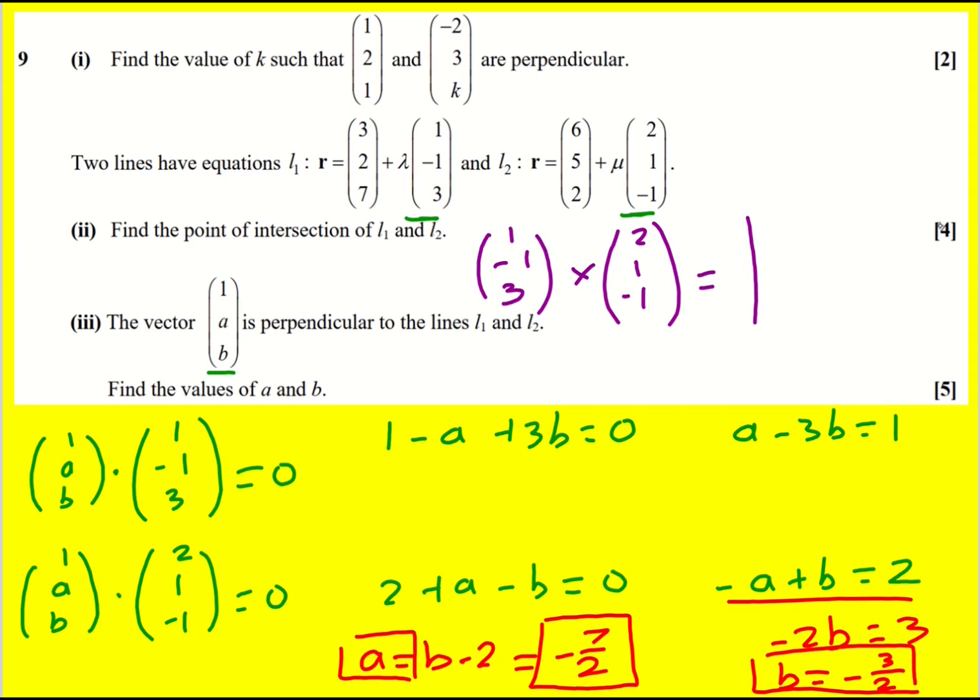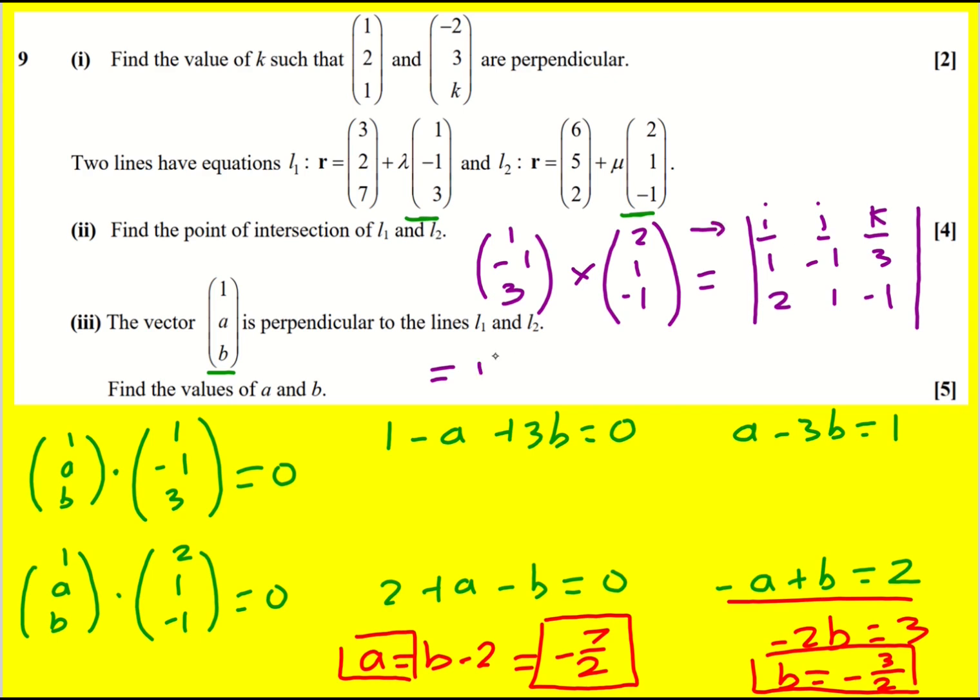Without going into loads of detail, it can be shown that this can be written as a determinant with i, j, k on the top, and then 1, minus 1, 3, 2, 1, minus 1. So now we figure this out by expanding along this row.